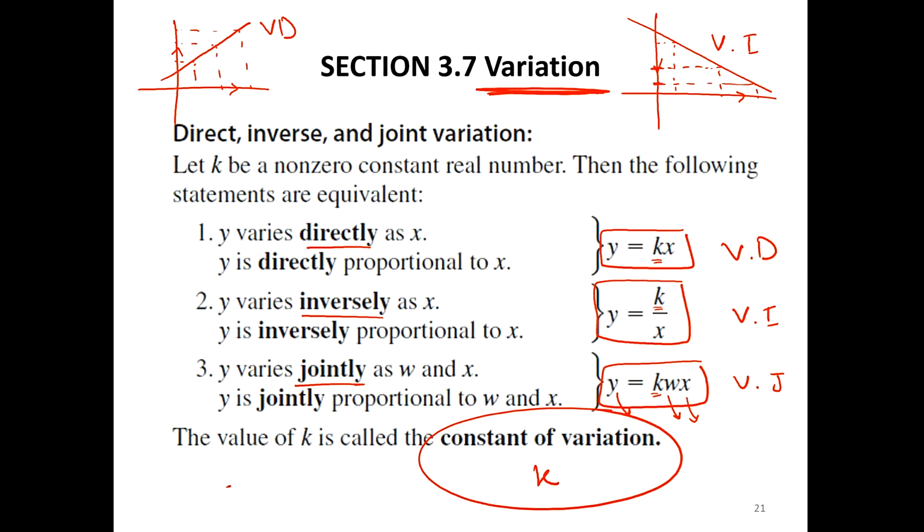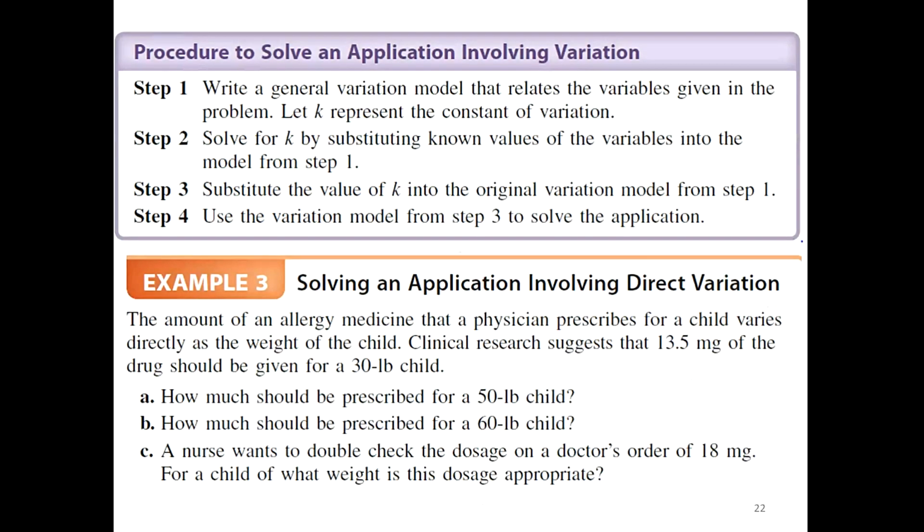Now, before an example, what's the procedure to solve applications involving variation? Firstly, we need to write the general variation formula: inverse, joint, or direct. After that, find K, the constant of variation. We must find K, because in all 3 types of variation we have the constant of variation.